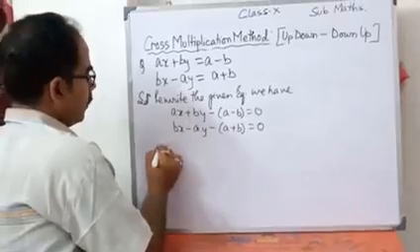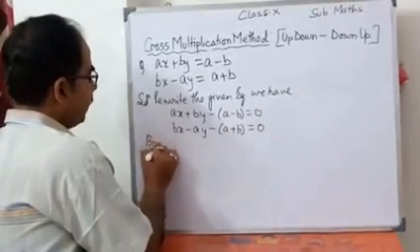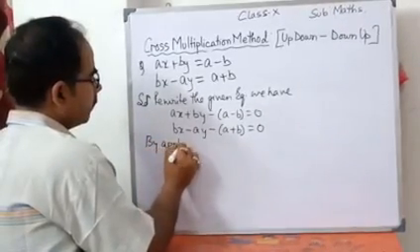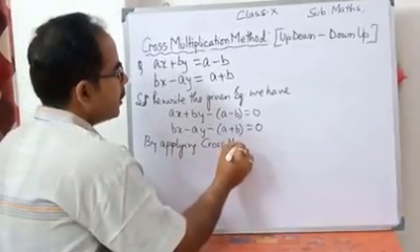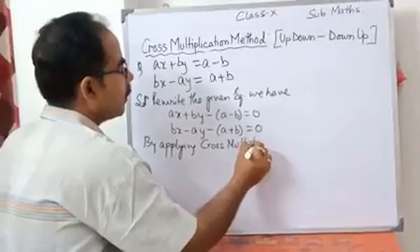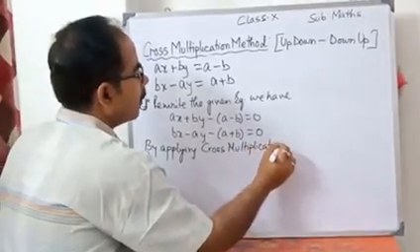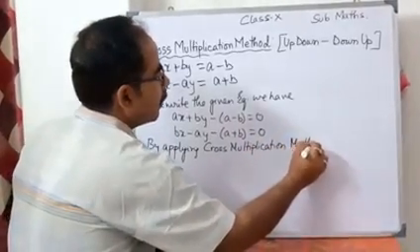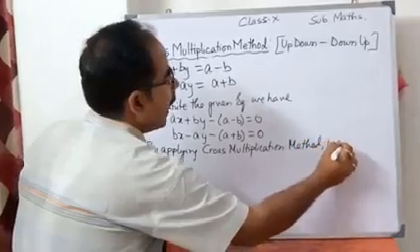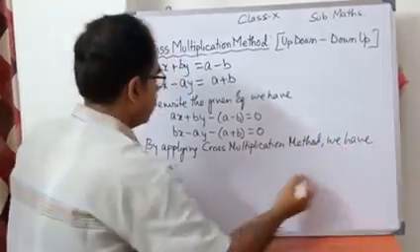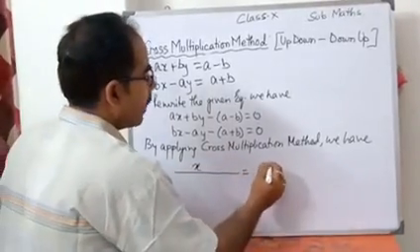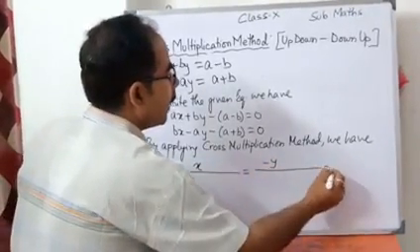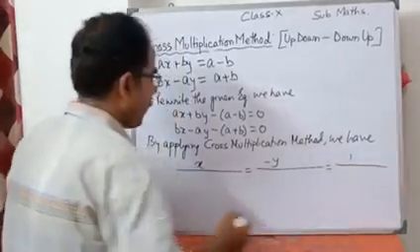Now by applying the cross multiplication method, we have x by, minus y by, obviously 1 by, correct students?